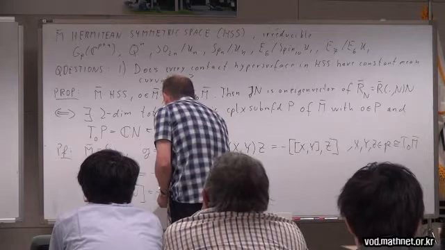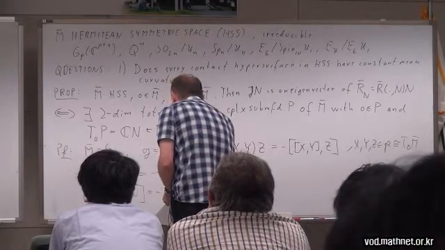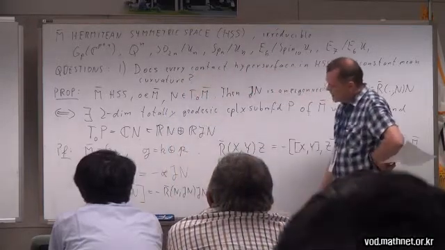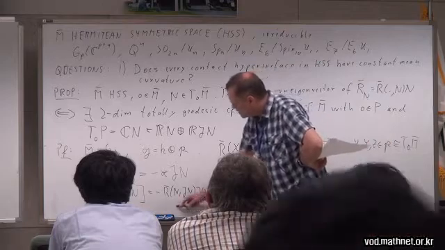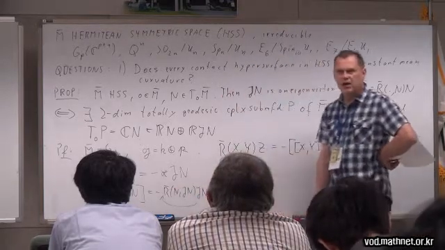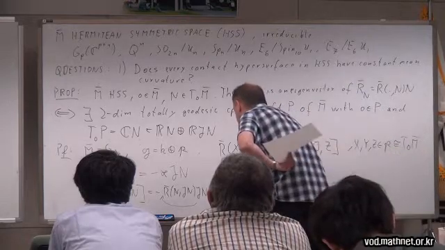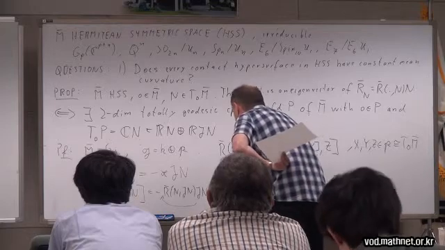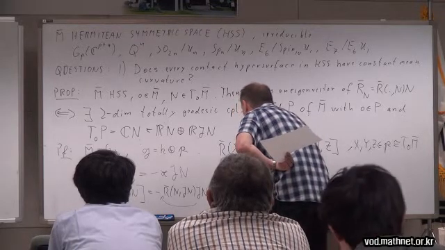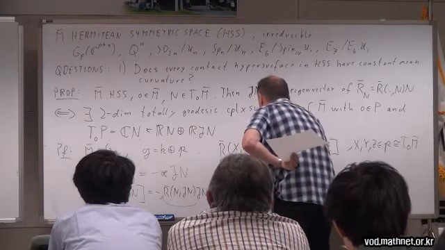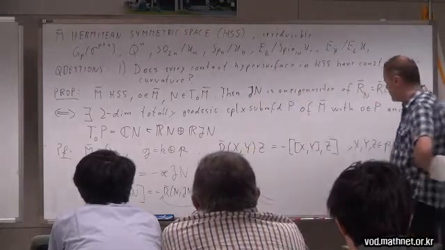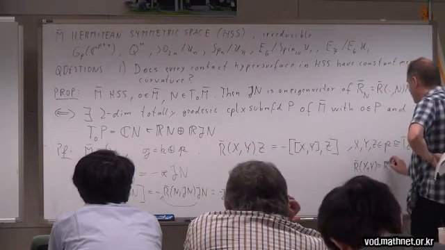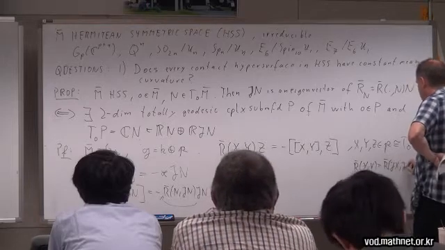It's minus R bar of n, Jn, n. But since this is a Kaehler manifold, we can put J in front of the R bar. So that's minus J R bar of n, Jn, n. And also, in a Kaehler manifold, we always have the property that R bar of xy is the same as R bar of Jx Jy.